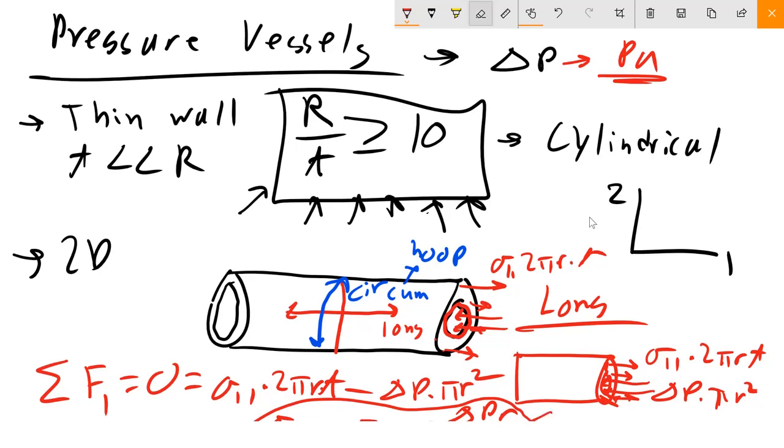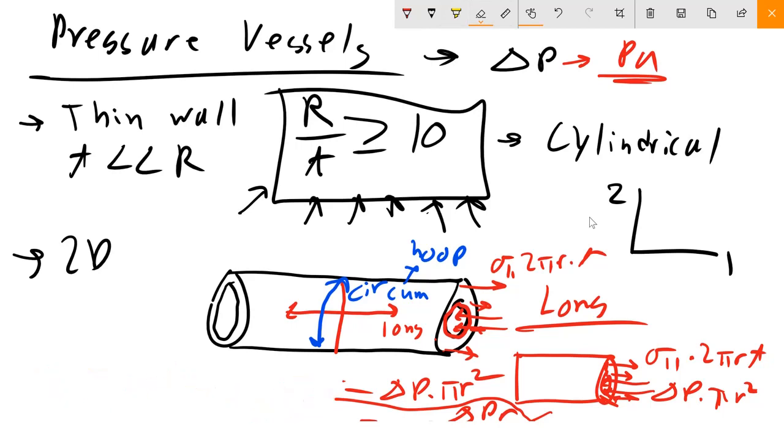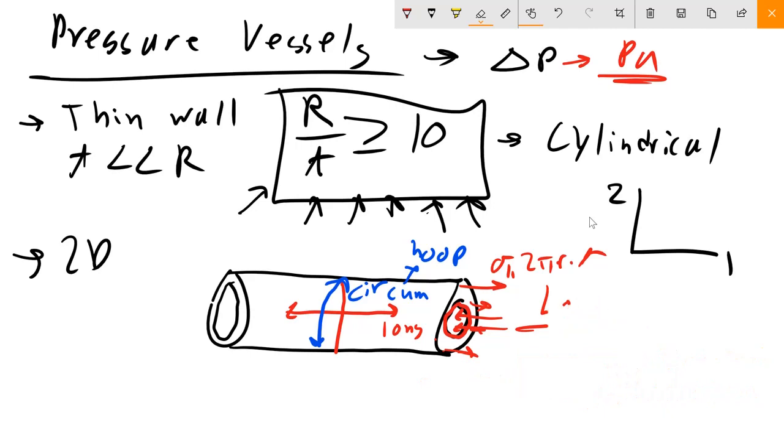Now unfortunately I'm going to have to erase because we need to do the same thing for the circumferential or the hoop stress. So let's deal with that next, and I'm going to change color just to make sure we know what's happening here. When I change to blue, now where I'm going to make my cut for the circumferential? Well, again, transverse, right? So it's a little harder diagram to draw.